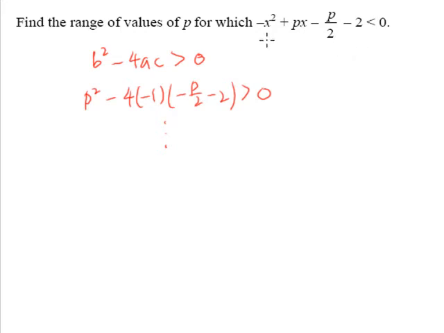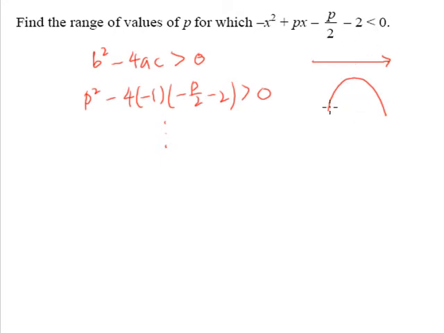First of all, this is a quadratic curve that is n-shaped because this is a maximum curve. So this n-shaped curve has to be always less than 0. For this n-shaped curve to be always less than 0, it has to be below the x-axis at all times. It has to always be below the x-axis to be always negative.